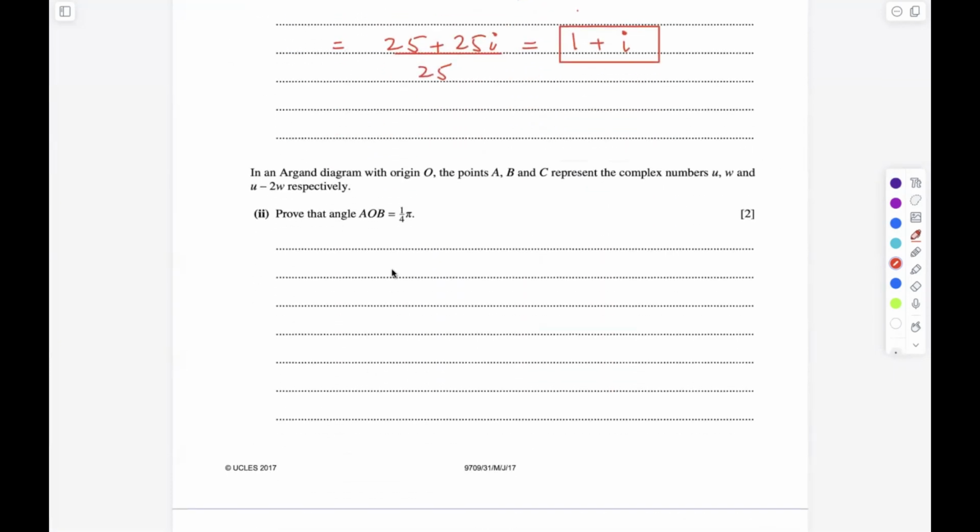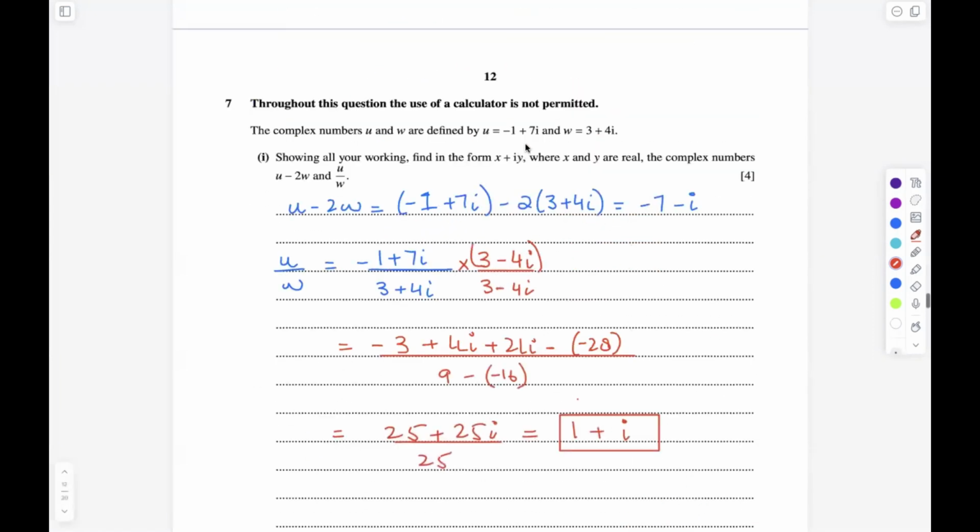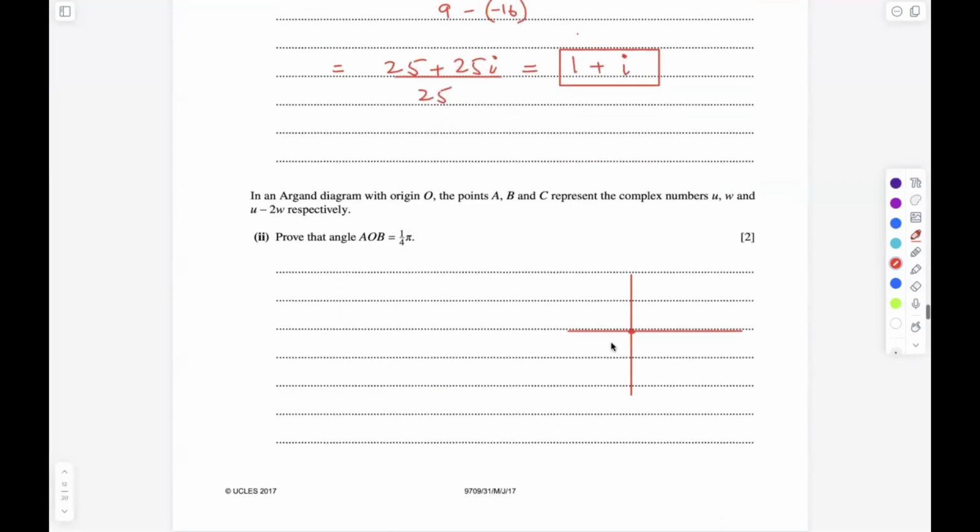In part 2, we have to prove that angle AOB is equal to 1/4 pi, where O is the origin, A is represented by u, and B is represented by w. Now, to understand this, first we'll try and sketch this on an Argand diagram. So this is the origin. u has the coordinates -1 + 7i, so we can put it over here.